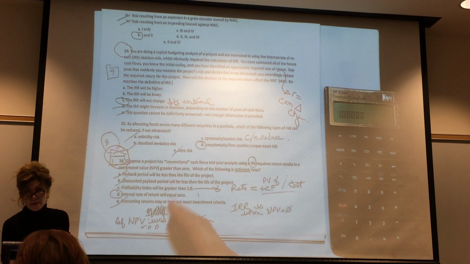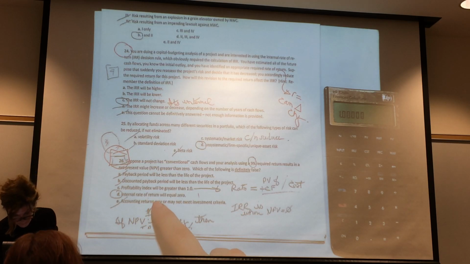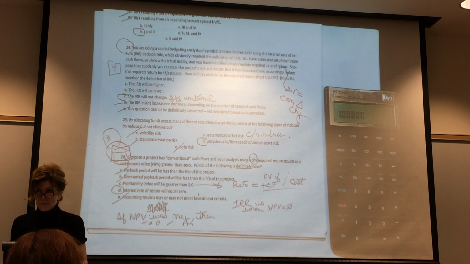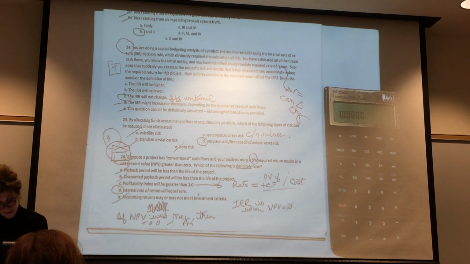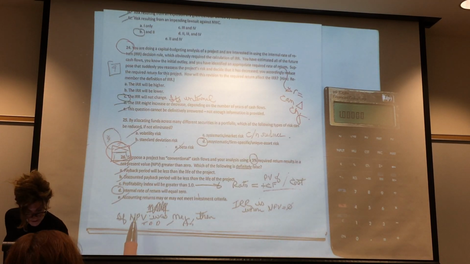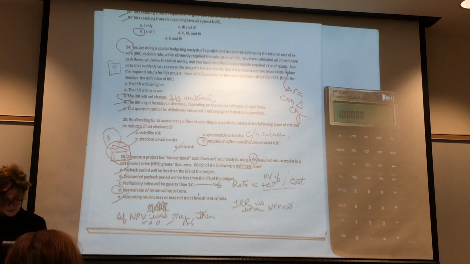So if your NPV is greater than 0, that tells you that your internal rate of return is not 0. Remember us talking about that? So basically, you have to remember that your IRR is at the point where your NPV is equal to 0. If your NPV was negative, then your IRR is greater than your required rate of return.